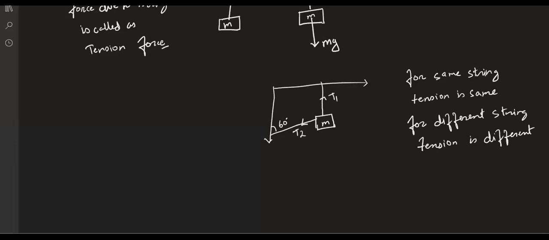Now the question is: draw the free body diagram and write the force equation. Same string means only one string, right? Same string means that string only. That's the basic English. We will discuss the pulley and all later, then you will understand.